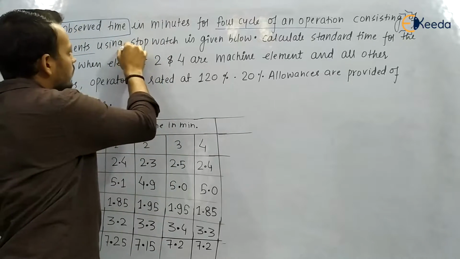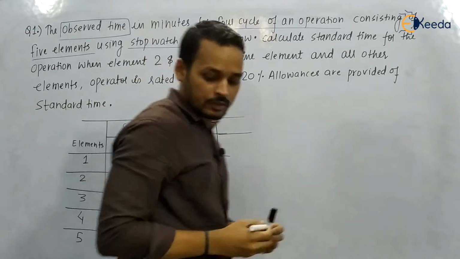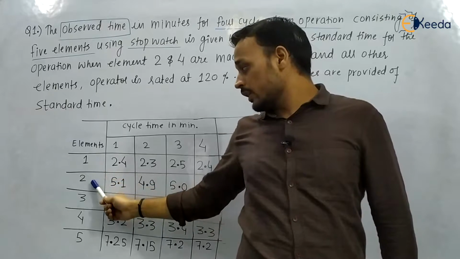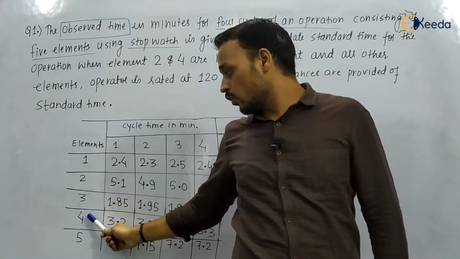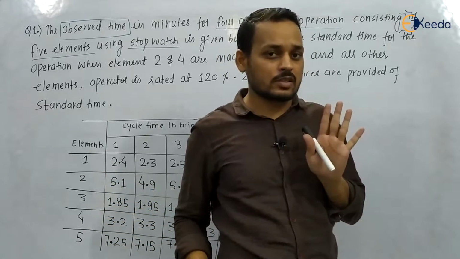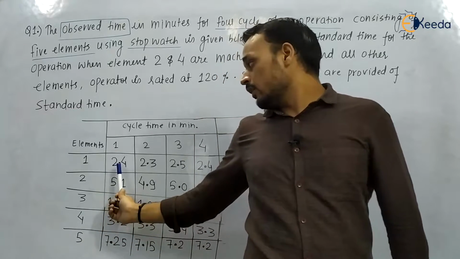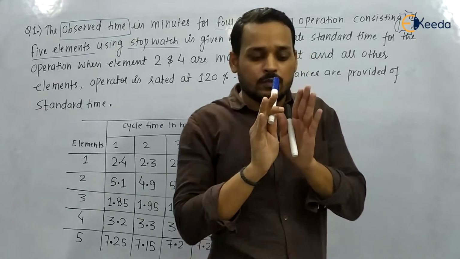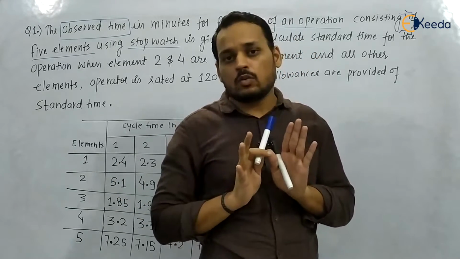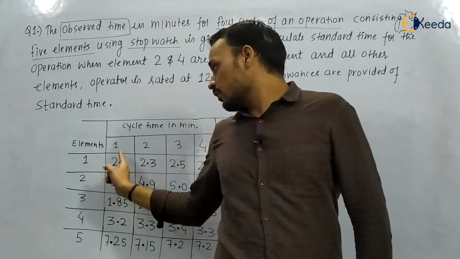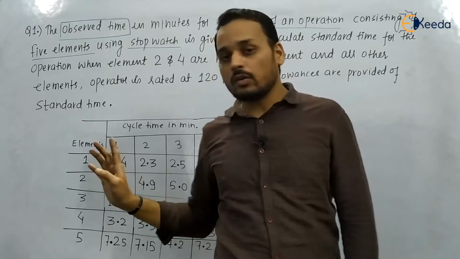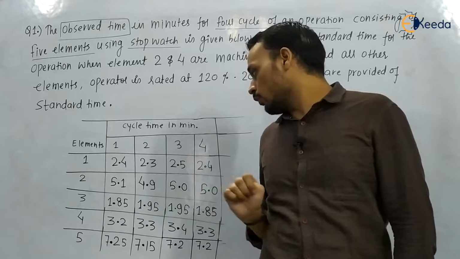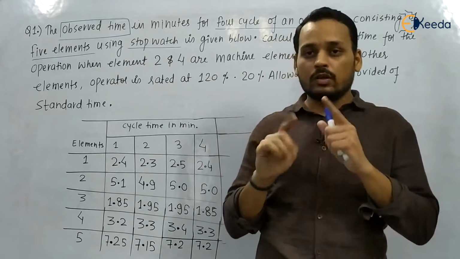They have given the observed time of each element, using a stopwatch. You can see the operation consists of elements 1, 2, 3, 4 and 5, and 4 different cycles have been taken for the observed time. For work element 1 the first observed time is 2.4 minutes, the second 2.3 minutes, the third 2.5 minutes, and the fourth 2.4 minutes.